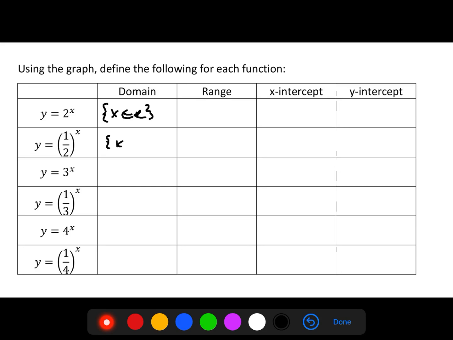And this is the case for all of our functions. Sorry, that's going to be x equals any real number. We could sub any value in for x here and come out with a y value. There are no restrictions there.